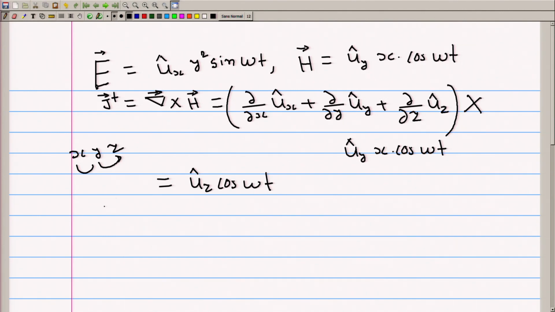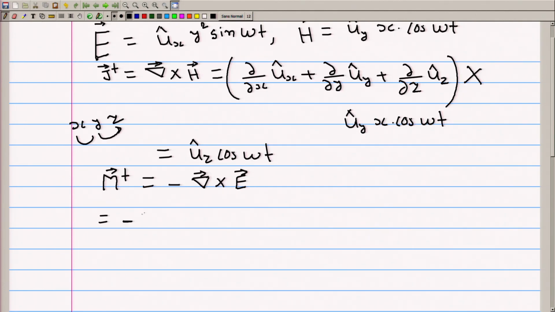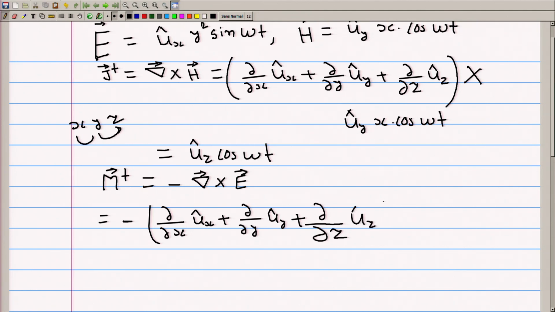Similarly, we can find out the Mt. Mt will be minus del cross E. With the minus sign, this time del is crossed with the electric field, which is ux y squared sin omega t. So, in the first term ux cross ux will be 0.